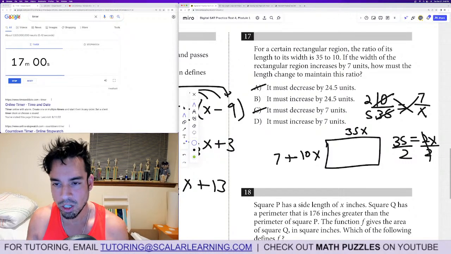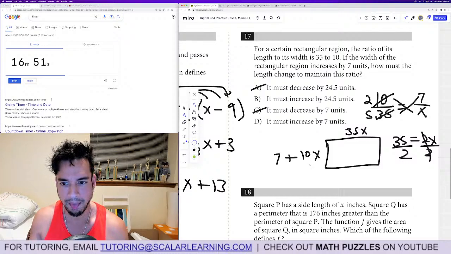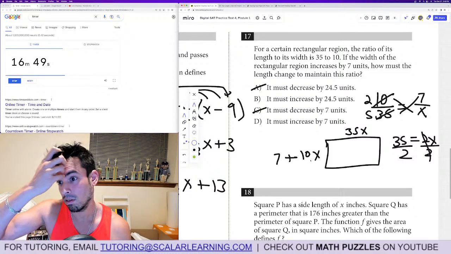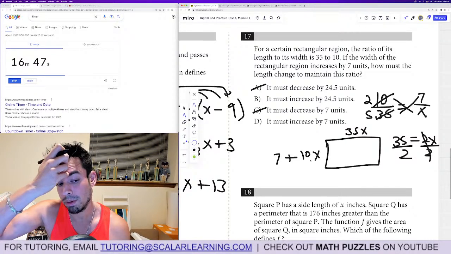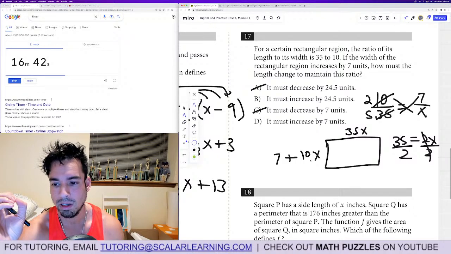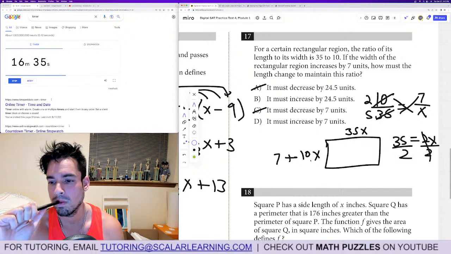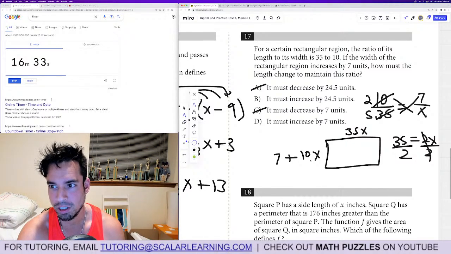For a certain rectangular region, the ratio of its length to width is 35 to 10. It depends on how big these are. It's not a ratio, right? Because if you're adding 7, we can imagine the length being 35 to 10.